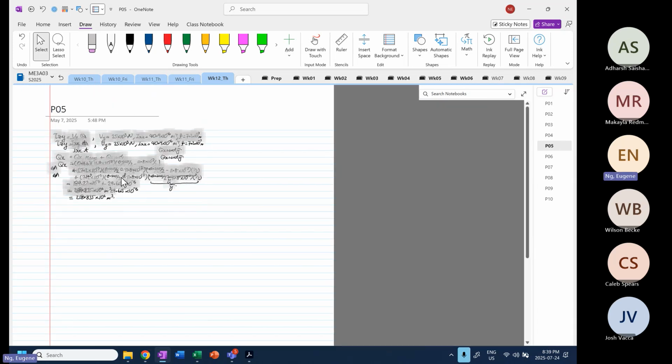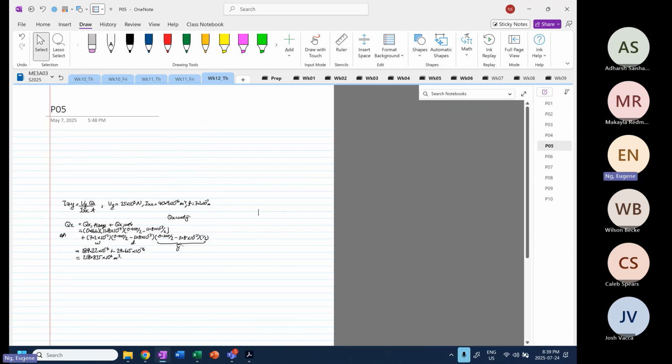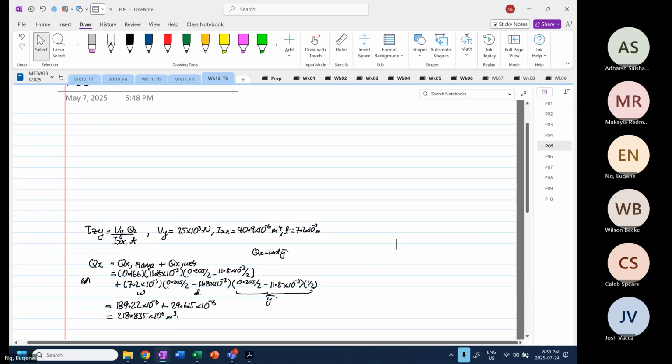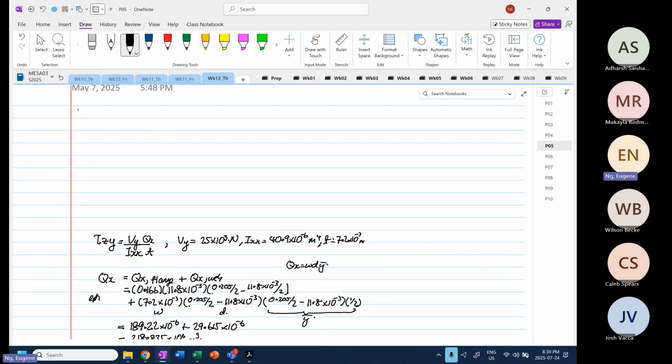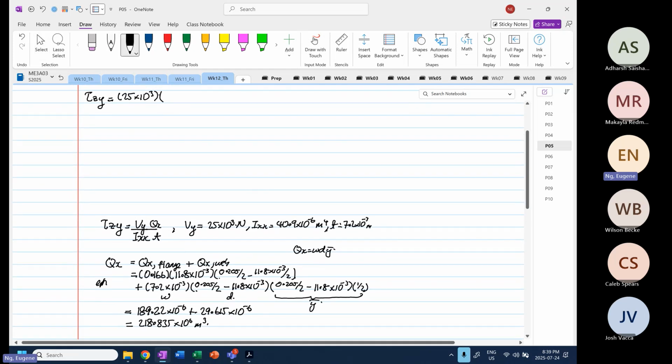Compute our shearing stress. So we know that shear zy will be equal to 25 times 10 to the power 3, multiplied by 218.835 times 10 to the power minus 6.